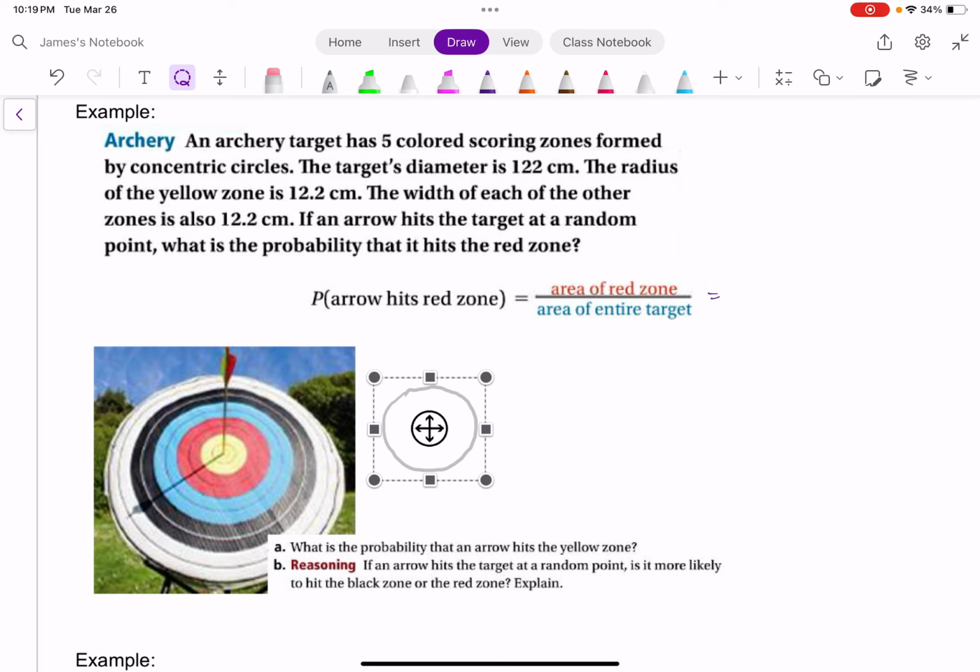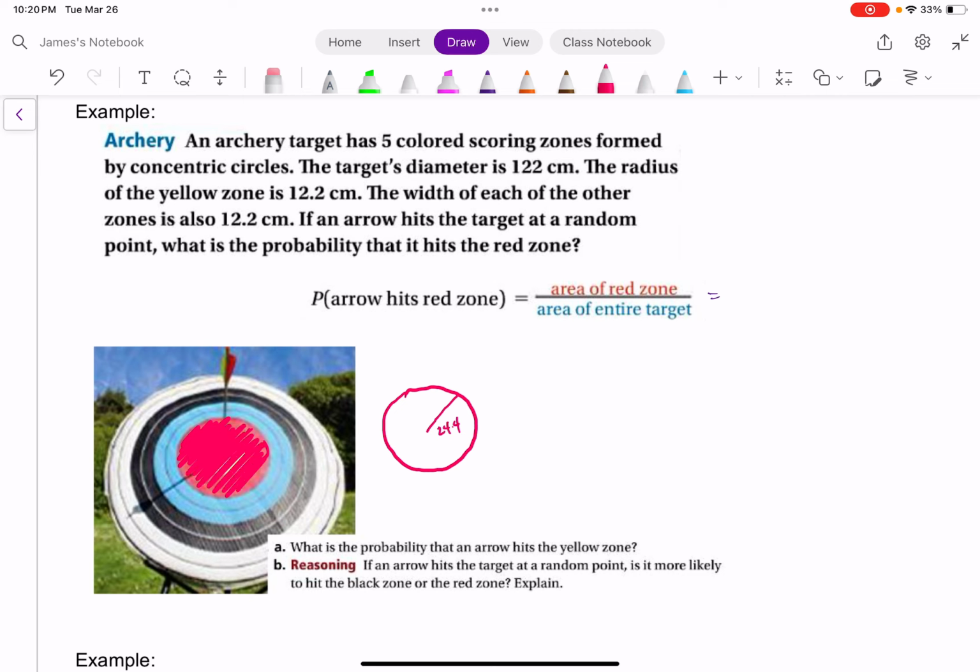Okay, so if I want to find the area of that red, well, it said the yellow radius was 12.2, and then the width of the red region right there was also 12.2. So to go from that point there all the way to the edge of that circle would be 12.2 plus another 12.2. So the radius of that circle is 24.4.